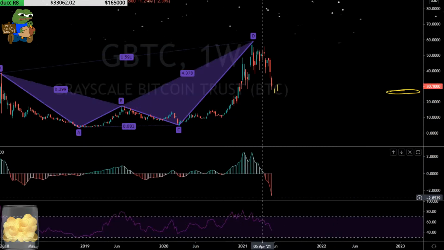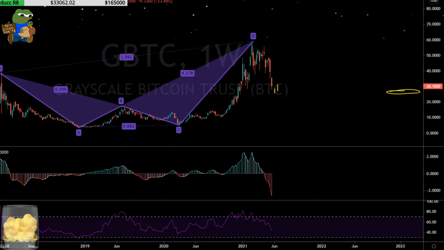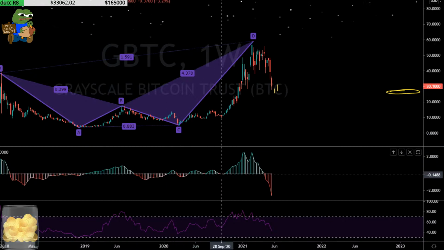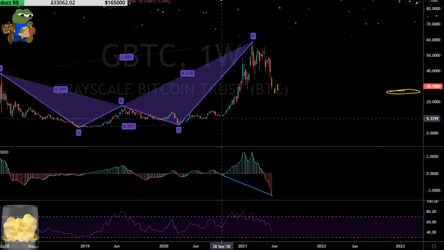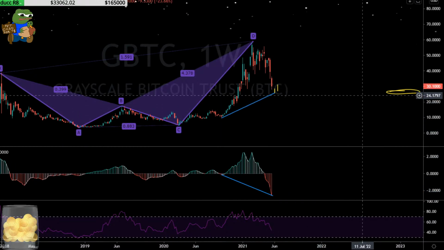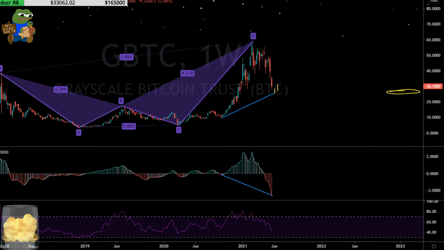We would also be painting, and are painting, the same Class B hidden bullish divergence on GBTC as on Bitcoin USDT, okay?